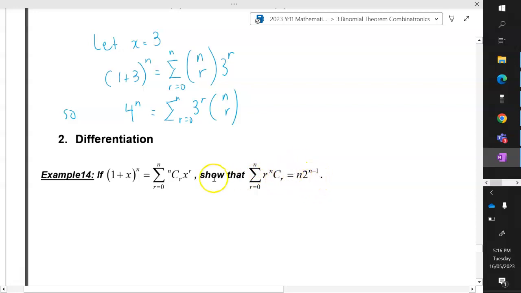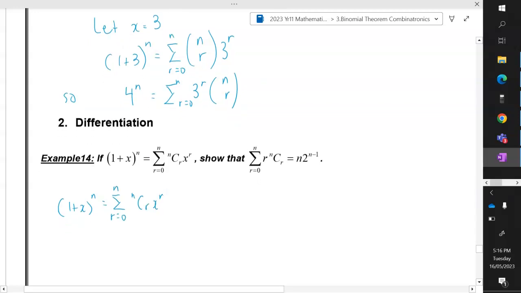So what we need to do is, I think, let's write out an expansion for what we've got up here. So let's write out 1 plus x to the n. We know it equals the sum of r equals 0 to n of nCr x to the r, but let's write it out in a longhand format. So we're starting with nC0.